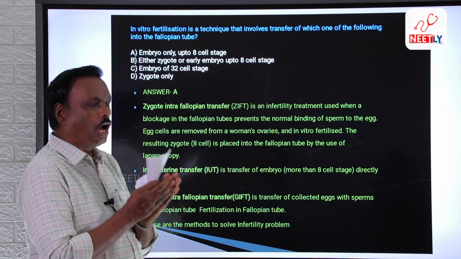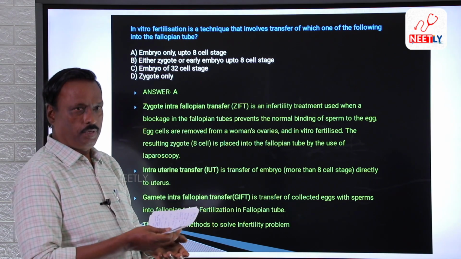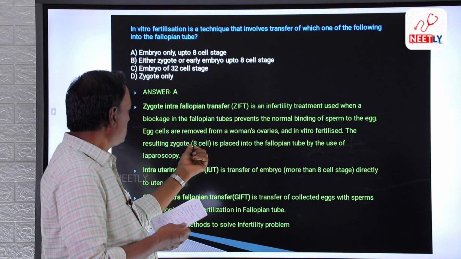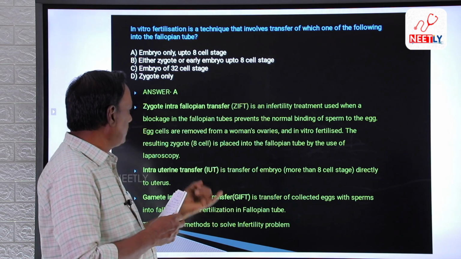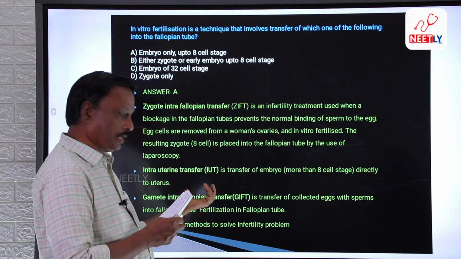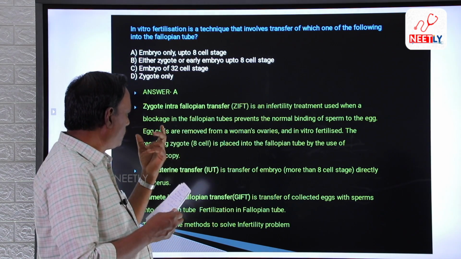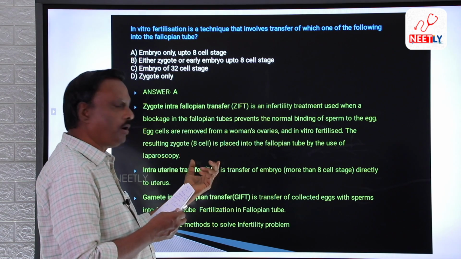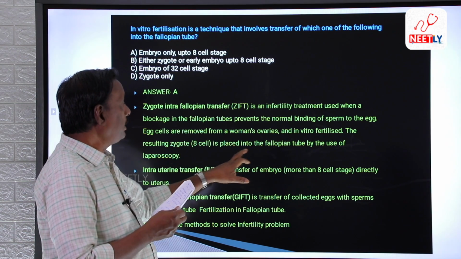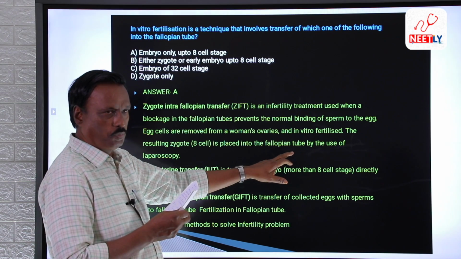So once it is fertilized, the zygote is formed. The zygote is allowed to multiply, to undergo cell division. When it undergoes cell division, first it divides into 2, then it becomes 4, and then 8 cells. So before the 8 cell stage, you can transfer it into the fallopian tube.